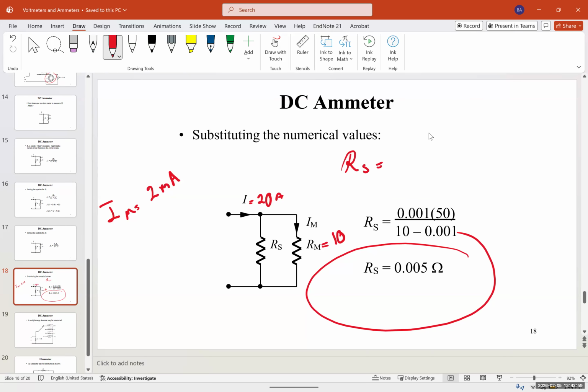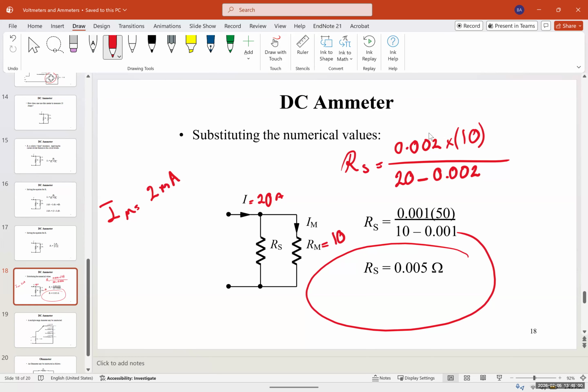We want to find RS. Okay, what is RS? Again, 0.002, because it's 2 milliamps, times RM, which is 10, divided by I, which is 20, minus 0.002.